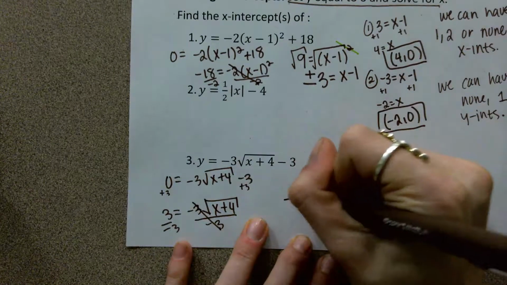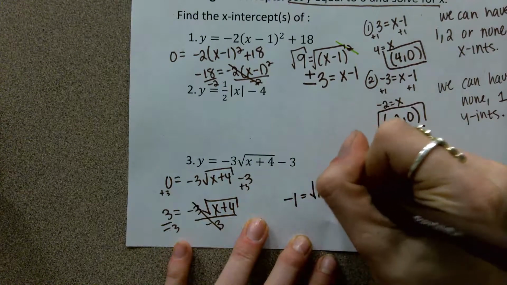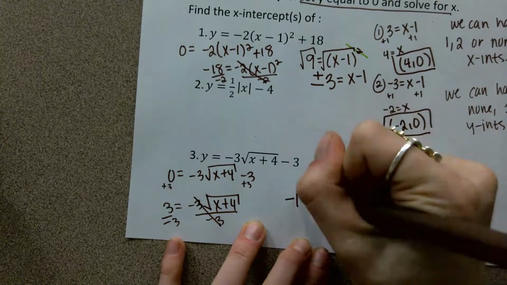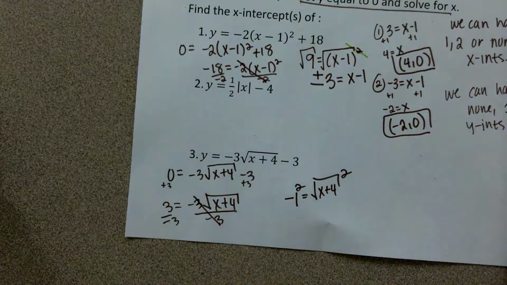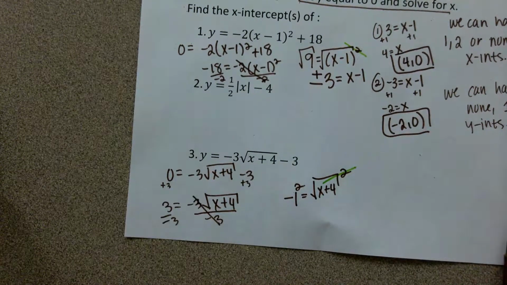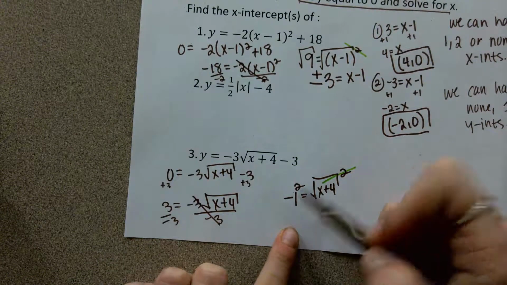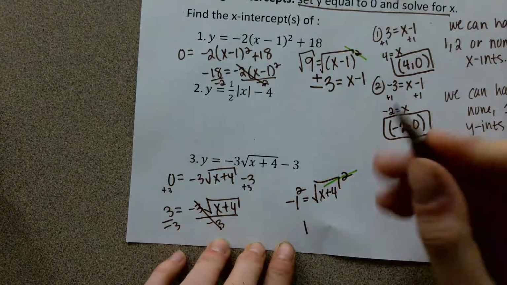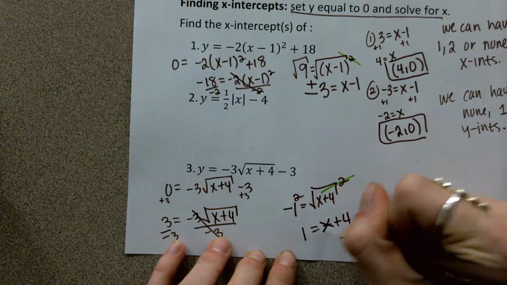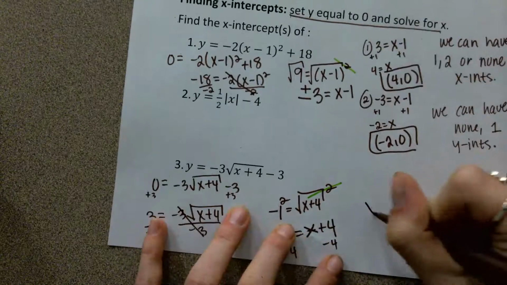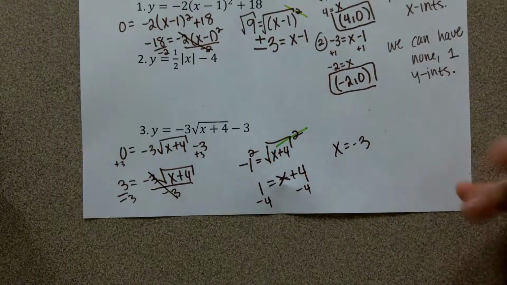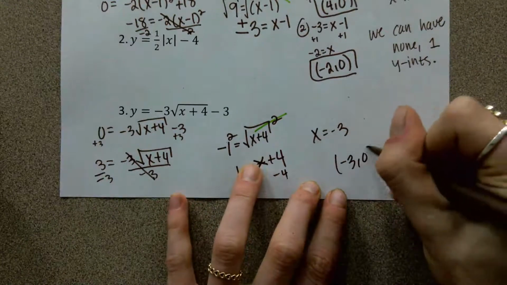So we have negative 1 equals square root of x plus 4. We're going to square this to get rid of our square root there. Negative 1 squared is 1, equal to x plus 4. Subtract 4, and we get x equals negative 3. So our x-intercept is negative 3 comma 0.